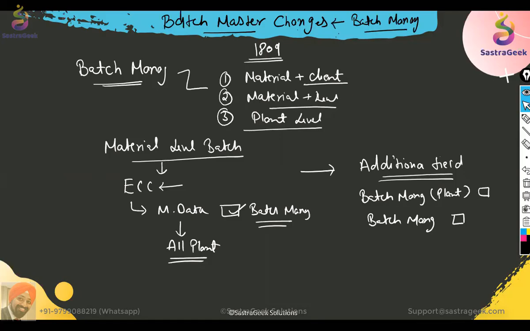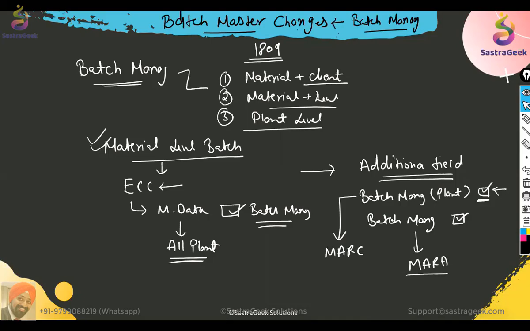So when you are there as a material level batch, and for a particular plant you don't want to activate batch management, no need to put that tick. Wherever you want to manage your batch, whichever plant you want to manage as a batch management, you do both ticks. This field is at your MARC table, and this is your MARA table, client level.